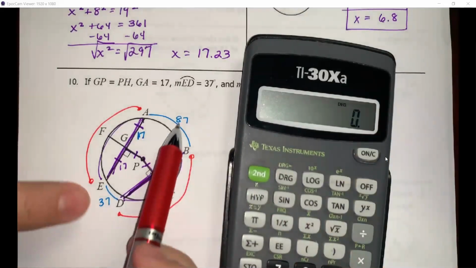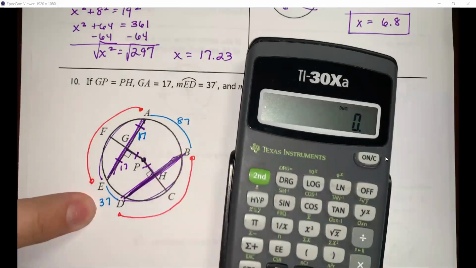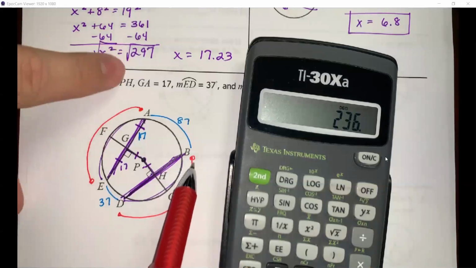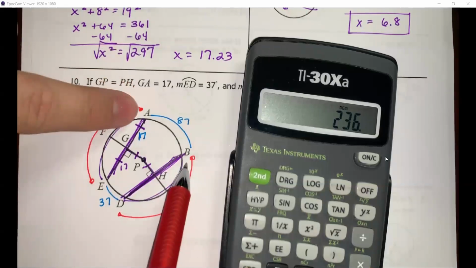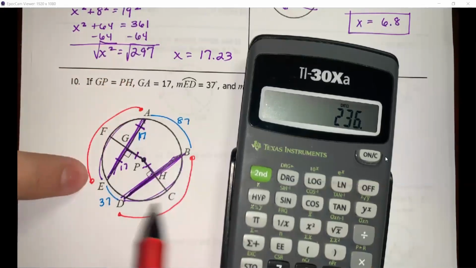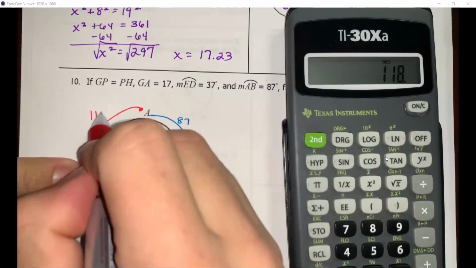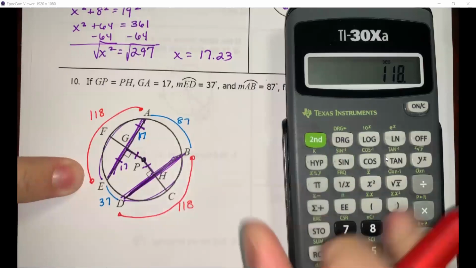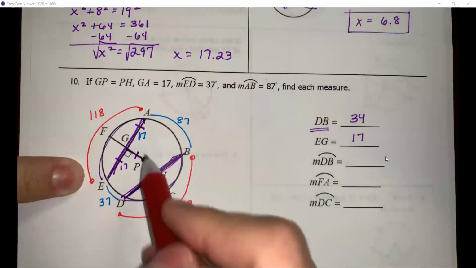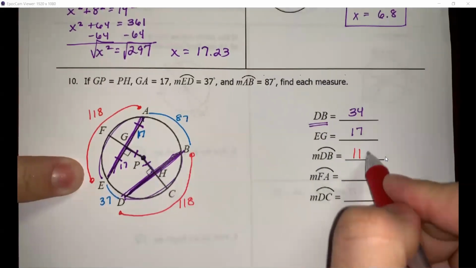So if I subtract 87 and 37 from 360, I get 236 that's shared between these 2 arcs. And if these 2 arcs are the same, I can just divide this by 2, and that gives me the measure of each one separately. So this whole arc is 118, and that whole arc is 118. So that means that DB is 118 degrees.